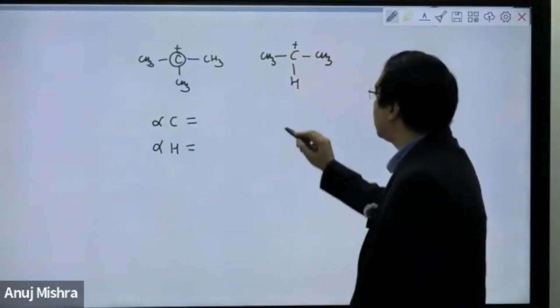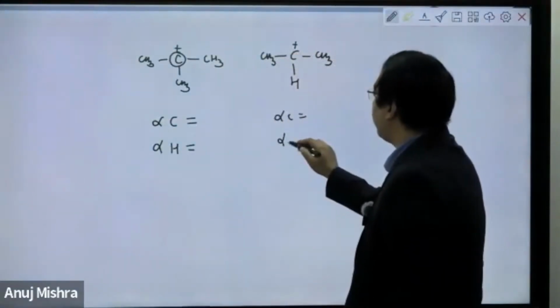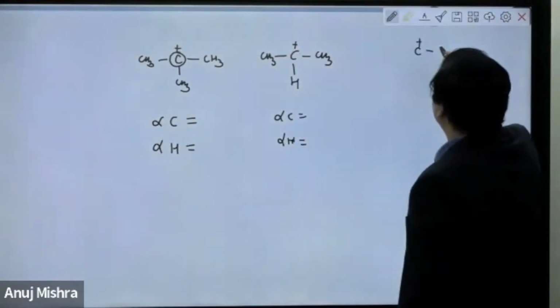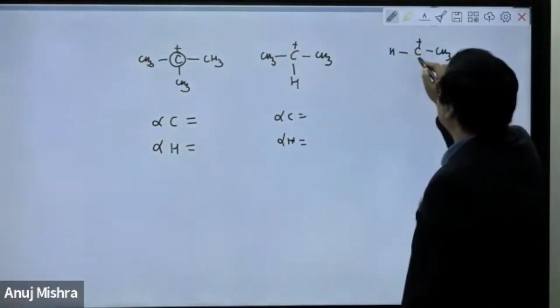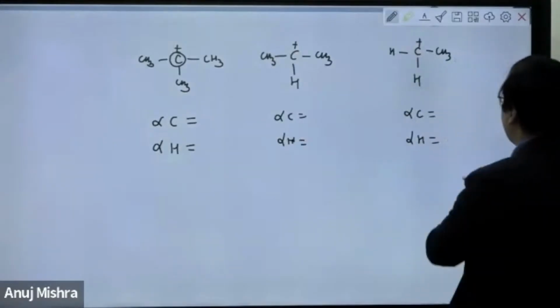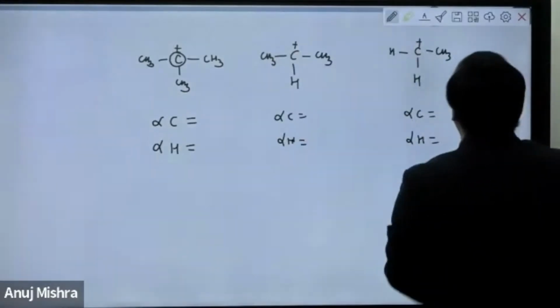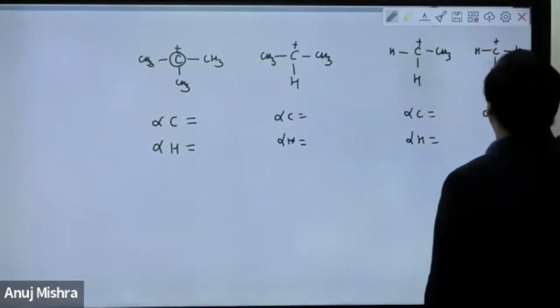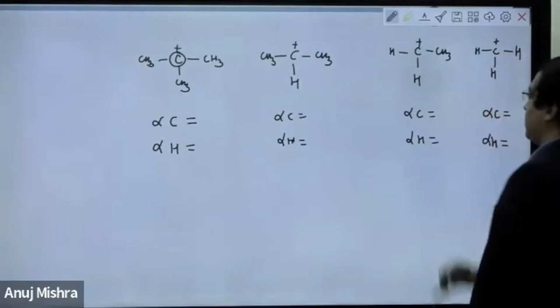Same question. Alpha carbon, how many? Alpha hydrogens, how many? Next question, C plus CH3 and 2 hydrogens. Alpha carbon, how many? Alpha hydrogen, how many? And the last case, C plus H and one more H. Alpha carbon, how many? Alpha H, how many?